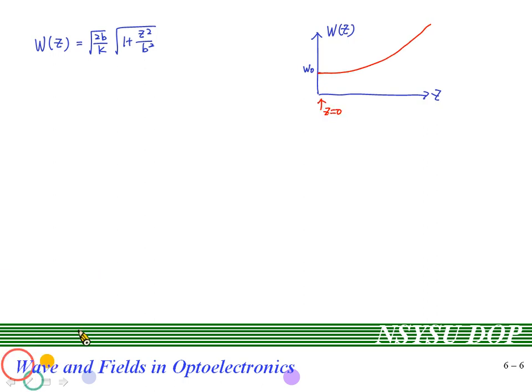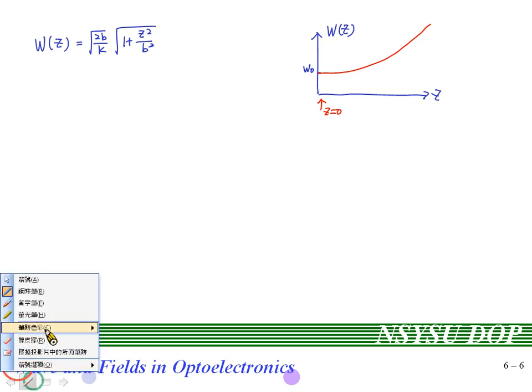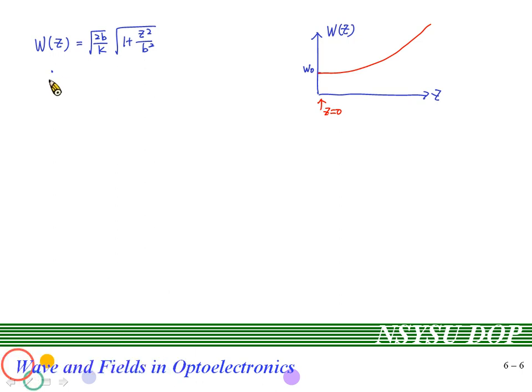But you can see, as z goes to infinity, from the expression here, the beam radius capital W of z will be approximated as the square root of 2b over k times z over b.